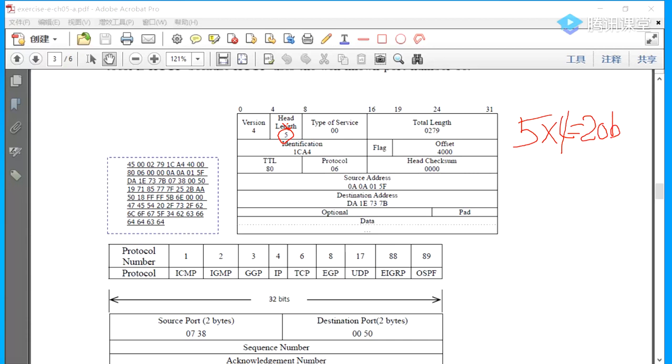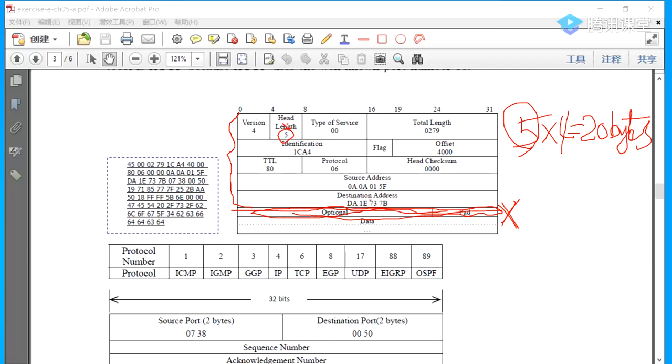The head length is 20 bytes. So the header of IPv4 only has these 20 bytes. So there is no option or padding, right? Because this is a 5, there is no option.